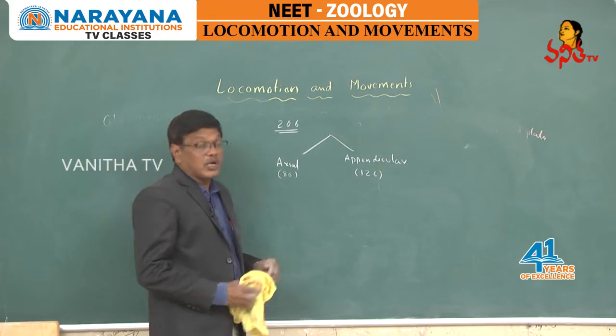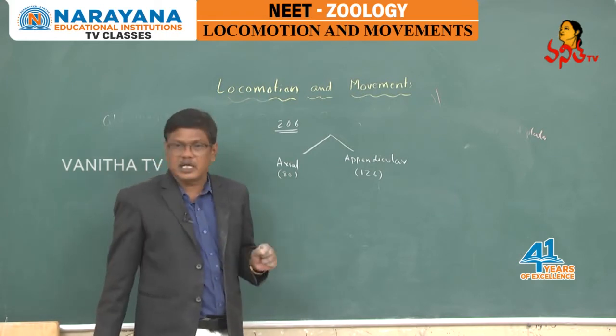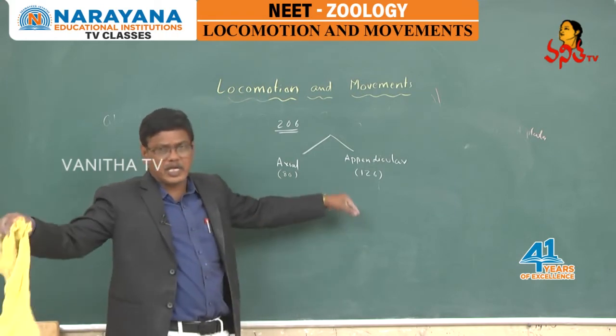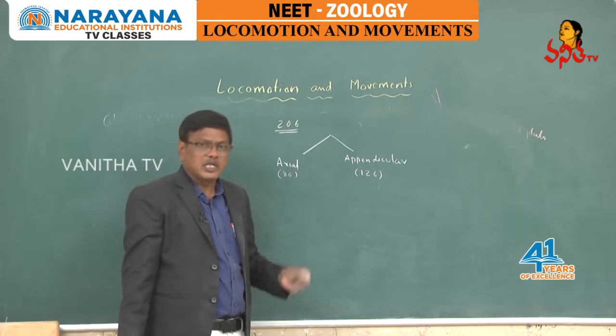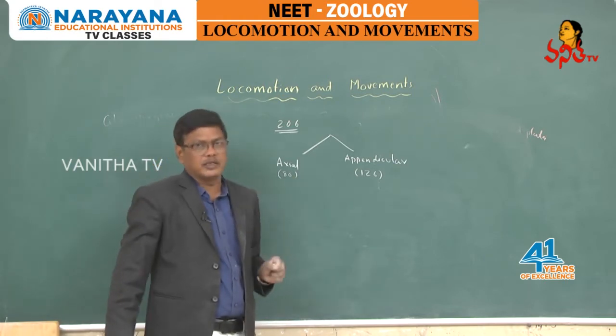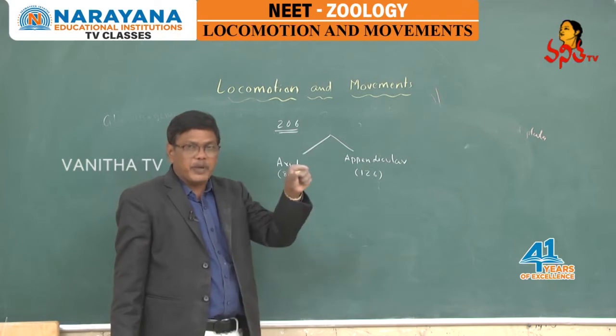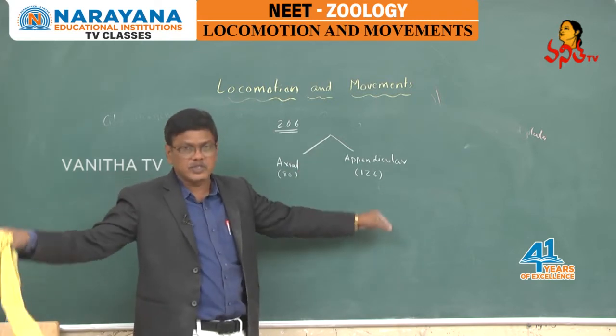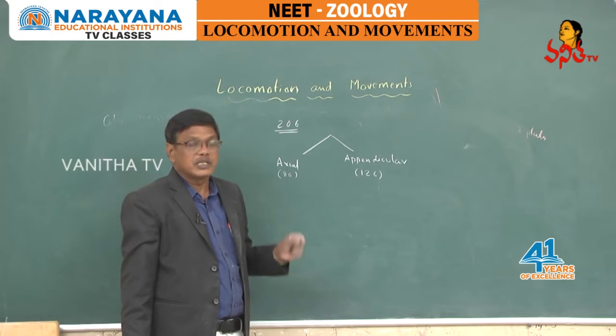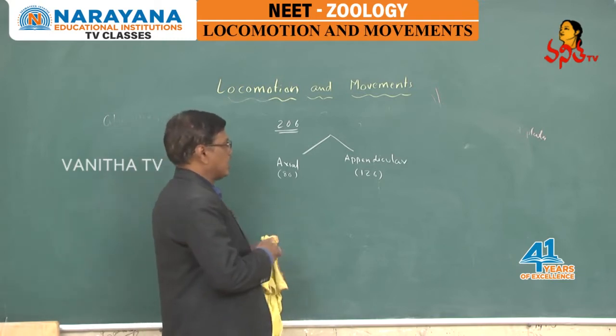What are the appendicular skeleton and the axial skeleton? The appendages are the forelimbs and hindlimbs. The part of the skeleton which supports the appendages is called the appendicular skeleton.